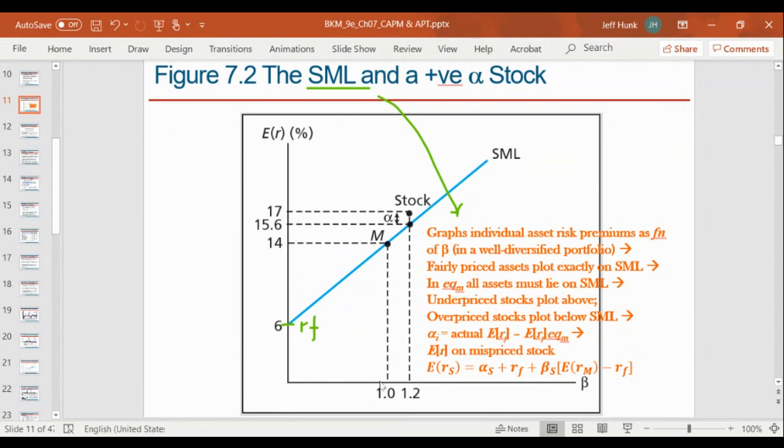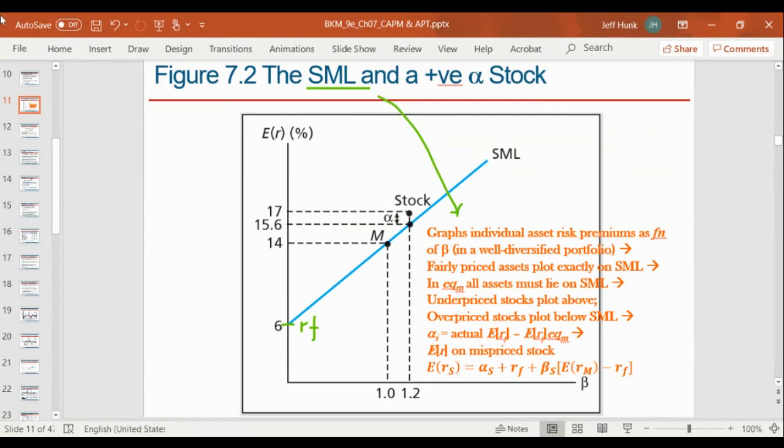Now, think about it. If the beta is 1, that's basically the beta of the market portfolio. No matter what, the beta of the market portfolio is 1, because it's the correlation of the market with itself. A self-correlation is always 1.